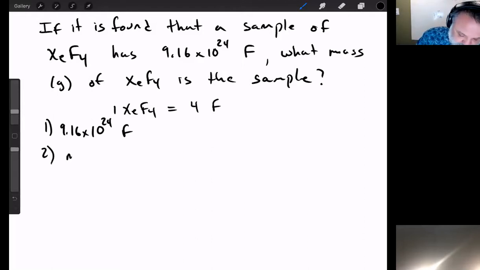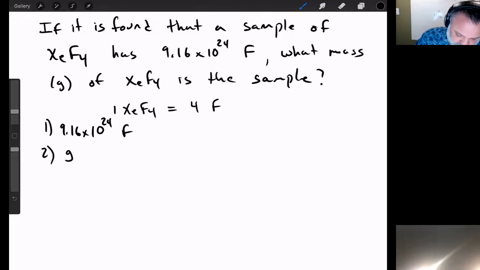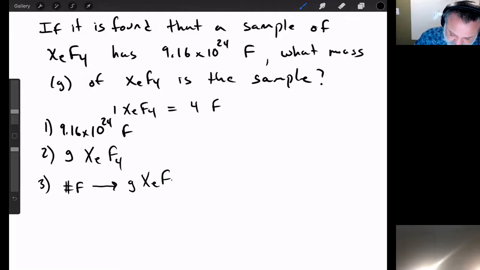I'm asked for the mass in grams of xenon tetrafluoride. So I need to go from the number of fluorine atoms to the mass of xenon tetrafluoride.